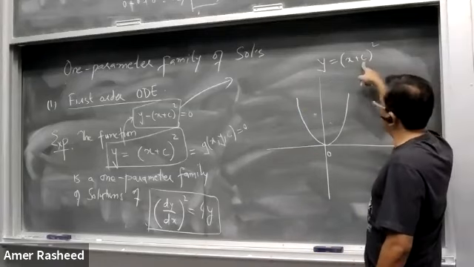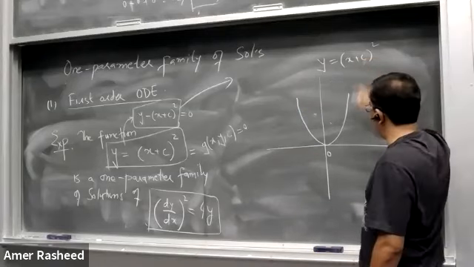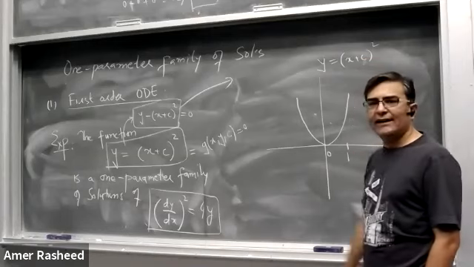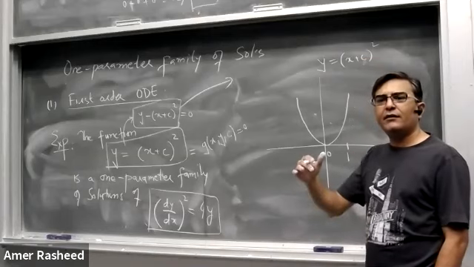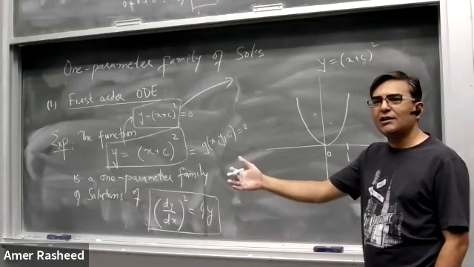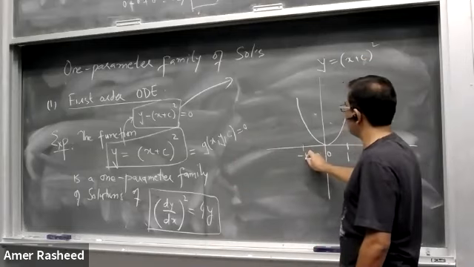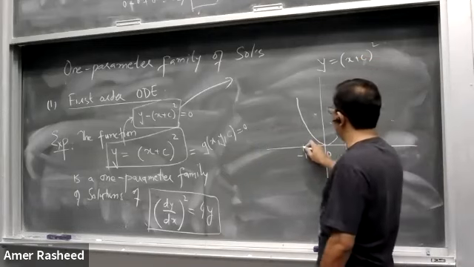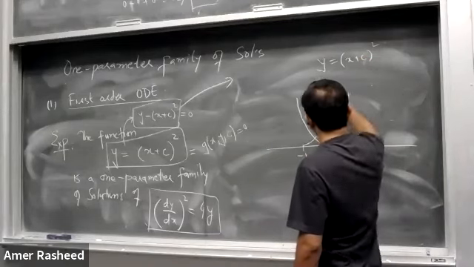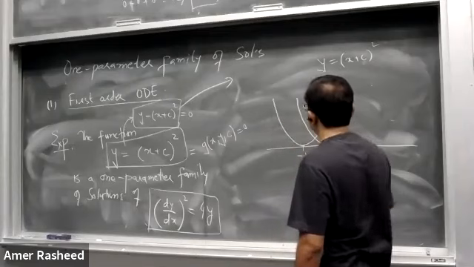Now, if you take c as 1, what will happen? Will it shift to the right hand side or the left hand side? The solution will shift to the left. So it would become a kind of this thing.